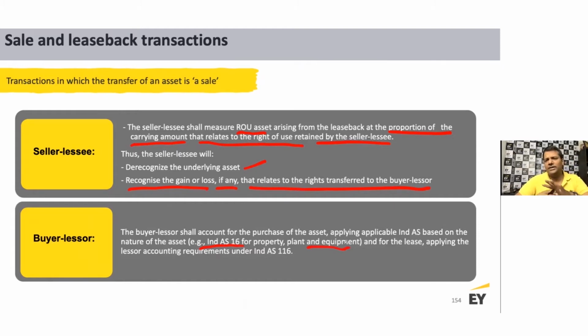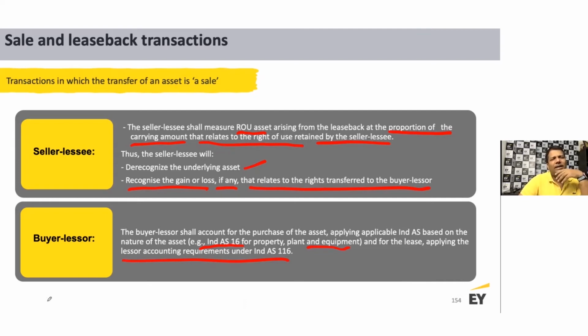So I'm going to record this as an asset first, as a purchase, and then I'm going to record that I have leased it to you, and deal with this, whether it's a finance lease or an operating lease from a buyer lessor perspective, applying the lessor accounting requirements under Ind AS 116. So I have to apply that lessor accounting from a buyer lessor perspective.